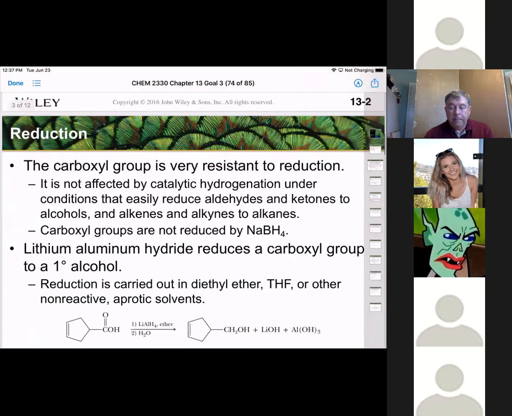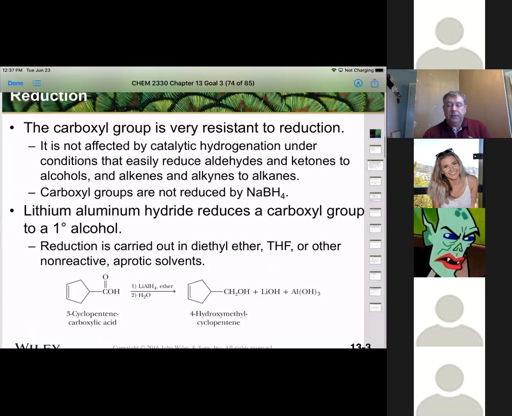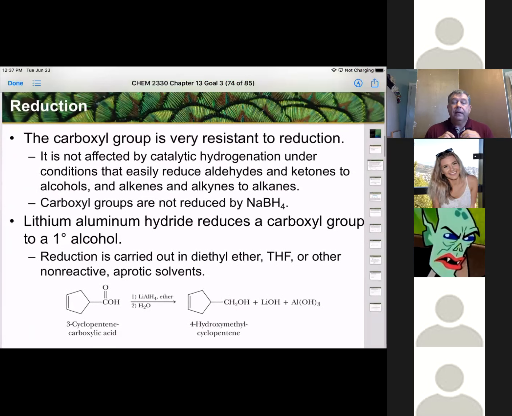We've already learned one of the reactions that carboxylic acids do, which is that they react with base to form a salt. But our next reaction is, just like with aldehydes and ketones, where we could add hydrogen across the carbon-oxygen double bond and reduce those down to primary or secondary alcohols.